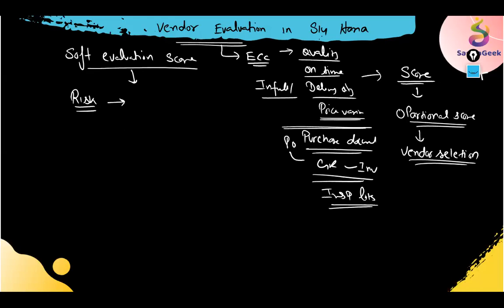Just for example, your vendor is in one of the countries in Africa where the political situation is not good.